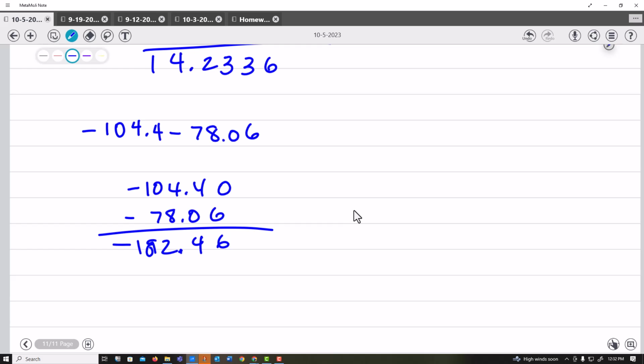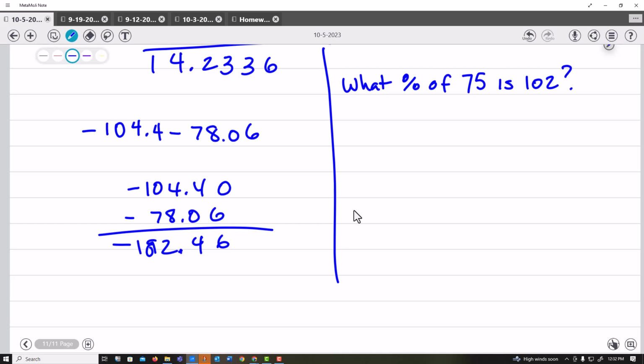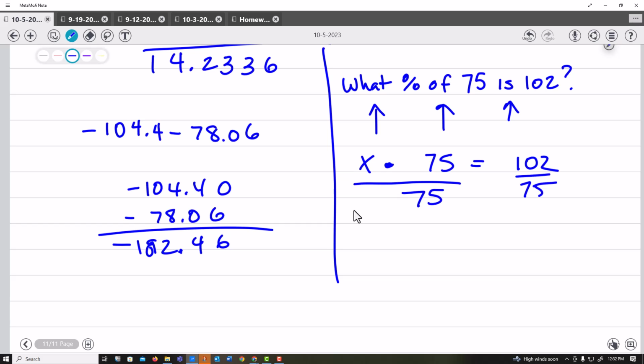All right, what if you are asked to find what percent of 75 is 102? What is my x? Remember, of means to multiply, is equal, and then 102. So in a case like this, you could simply divide 75 on both sides.